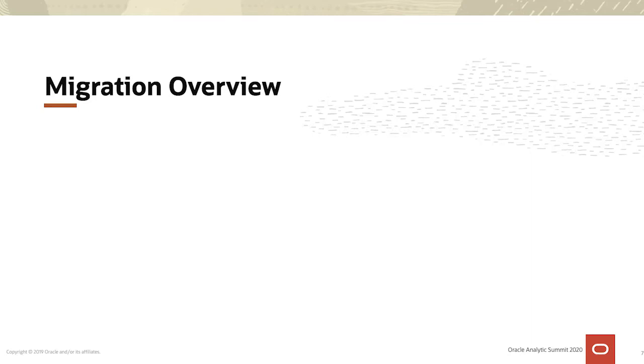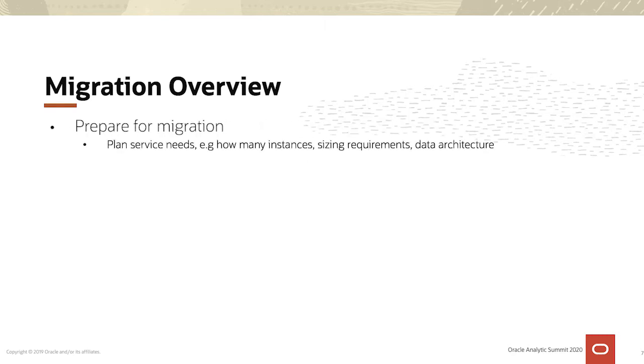As an OBIE or OBI apps customer, you can leverage your existing development investments to move to Analytics Cloud. The high-level steps of migration include preparing for migration, which includes the need for planning your service needs, so how many instances, how you want to size those instances, what your data architecture looks like.